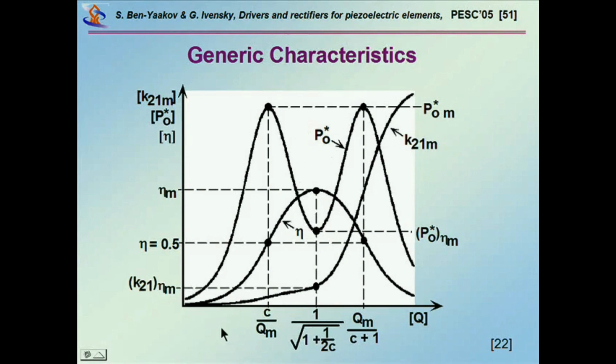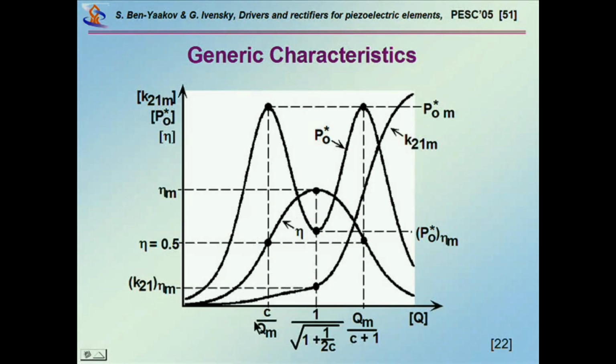Now, the double hump here is the normalized power. For small resistances you get low power, then it goes up to a maximum, then down to a minimum, and then to a maximum again. The maximum means this is the point where you can get maximum power out of the device for a given, fixed excitation.